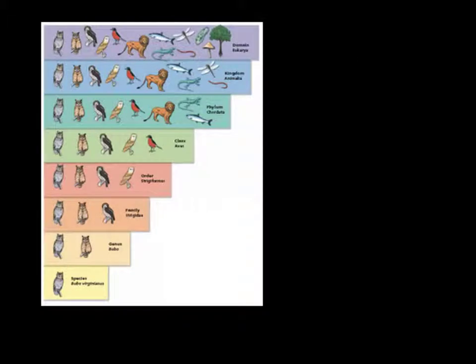Okay, left hand or right hand side of your notes, levels of classification. The poster over there says the three domains of life. What that's talking about is the broadest category that we can put living things into. It doesn't get any broader than bacteria, archaea, and eukarya. Up here at the top, if you can't read that on your handout, it does say domain.